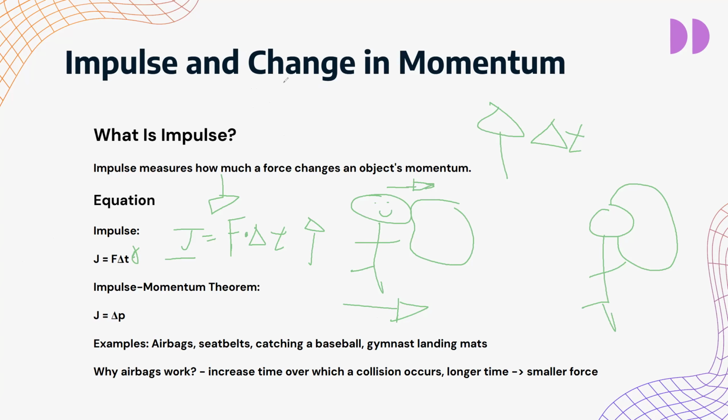It's the same thing with a baseball. A baseball is traveling forward like this. When it comes into contact with something, it'll deliver a force to it. So if you wanted to catch a baseball and stop it instantly, it would take a lot of force. But if you let your hand follow through with the baseball, you're doing less force over a longer period of time.